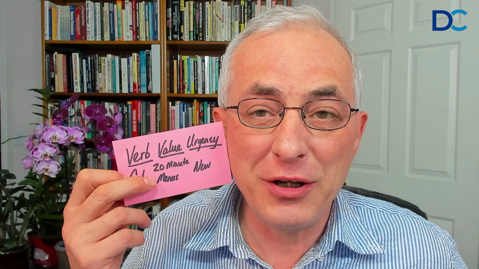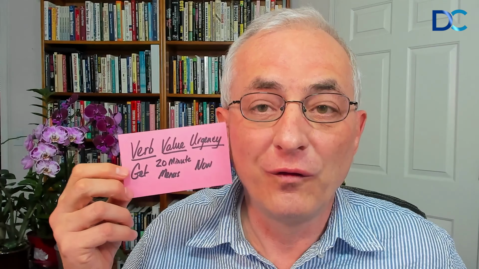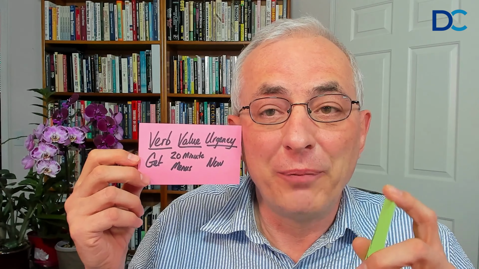Here's a little interesting formula. Verb, value, urgency. Like get, sorry about that. So get your 20-minute menus now. So verb, value, urgency. Put those 3 things together into a button, and it may just significantly outtest the other ones that you're looking at.